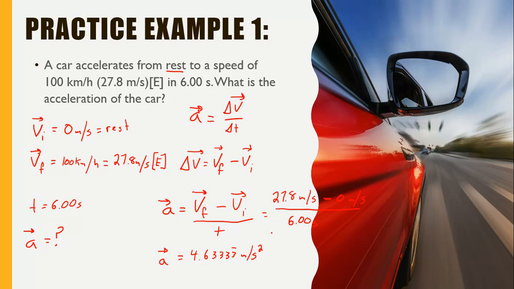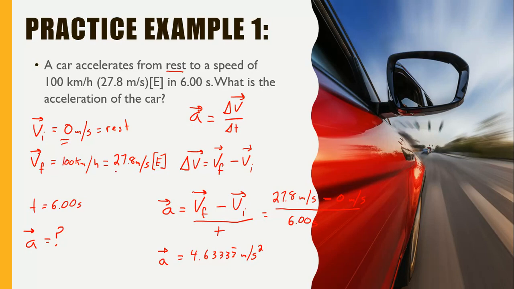Now, there's a couple of things wrong with my answer here. Obviously, number one, my significant digits are not correct. But look, I can look at my variables that I've written down, and I can see that my answer should have 3 significant digits. By the way, 0 we don't count with significant digits. It's basically an infinite amount of significant digits, so it doesn't count.